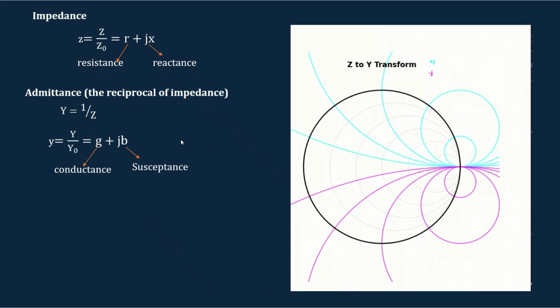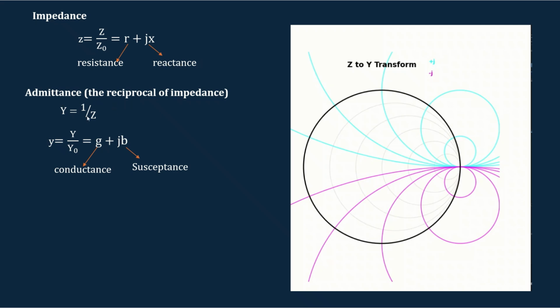Next, let's see how the admittance chart is formed. We know that the impedance is given by Z equal to R plus jX, where these are the normalized values, R represents the resistance and X represents the reactance, which can be inductive or capacitive.